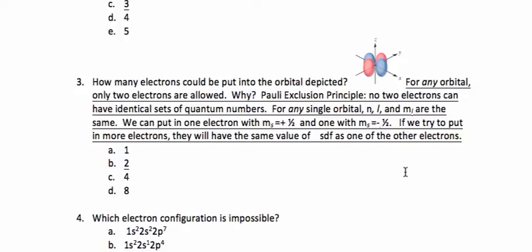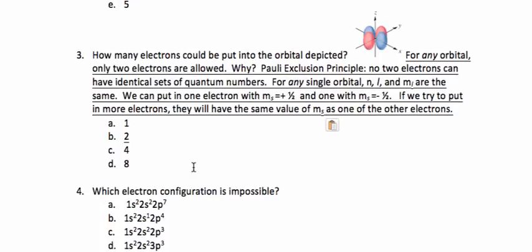So once you've got 2 electrons in an orbital and you try to put a third one in, if you put its spin up, plus 1/2, it's going to match that first electron. If you put its spin minus a half, it's going to match the other. You can't do that. So that's why there's only room for 2 electrons in an orbital. It's supposed to be m sub s, so let me copy that just so that the text looks right. Okay. And so the answer has to be 2.